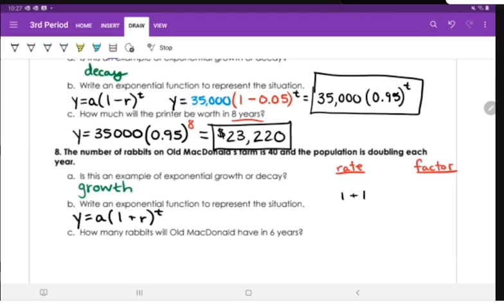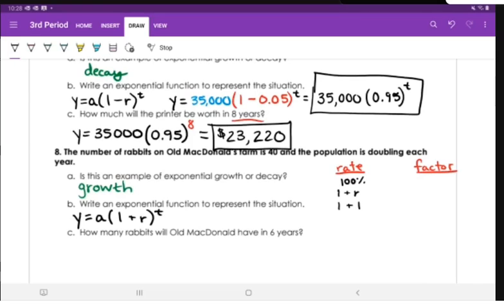So essentially our doubling rate is you're adding in 100% each time. You take your starting value, you add in 100%, and that'll give you a 1 plus r of 1 plus 1. That's what you get if you think about this as a doubling rate.